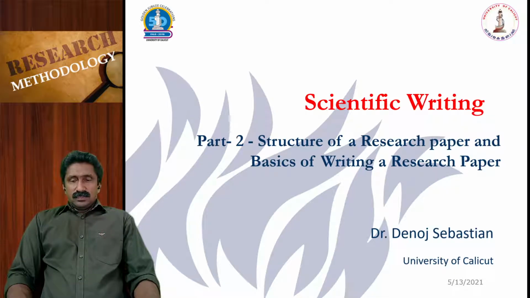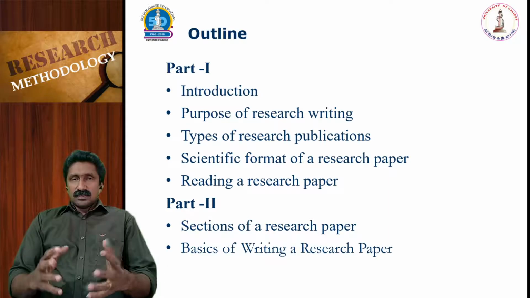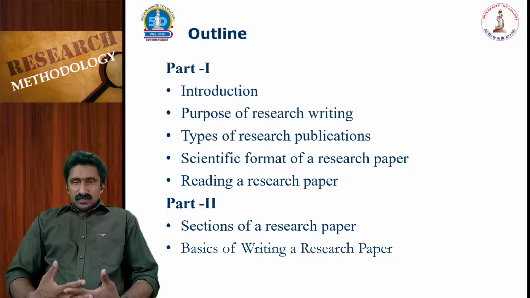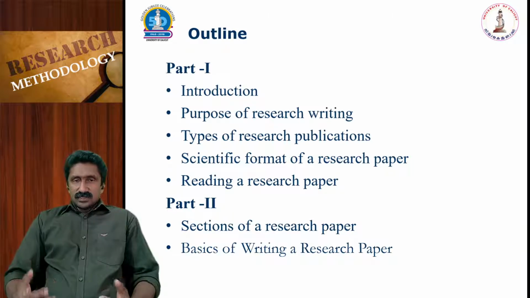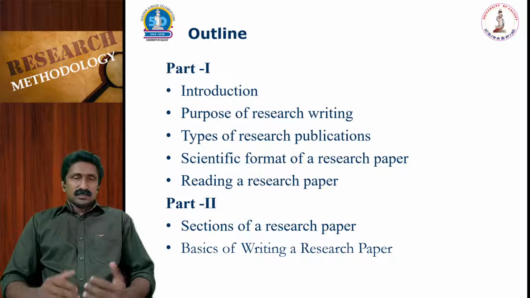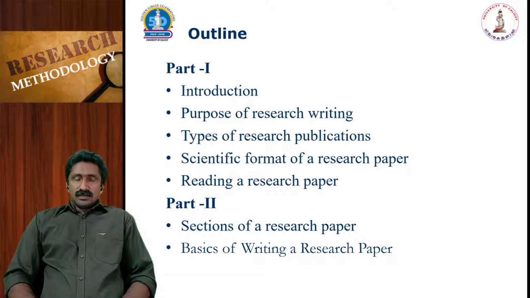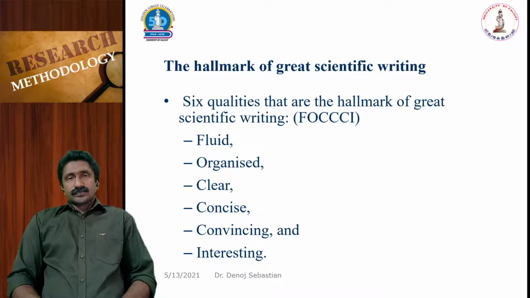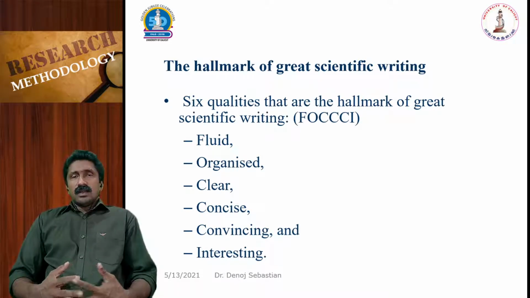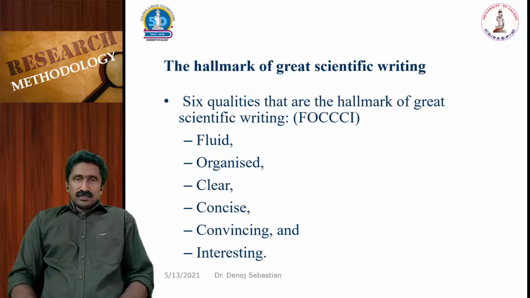And in this session, as we have mentioned in the outline, we'll be handling different sections of the paper and some basics about the writing of the research paper. Okay. So this is the hallmark of scientific writing.